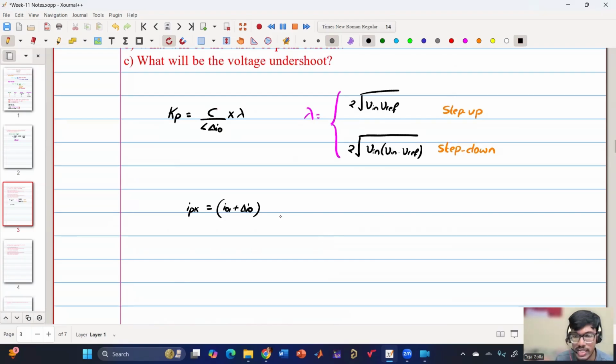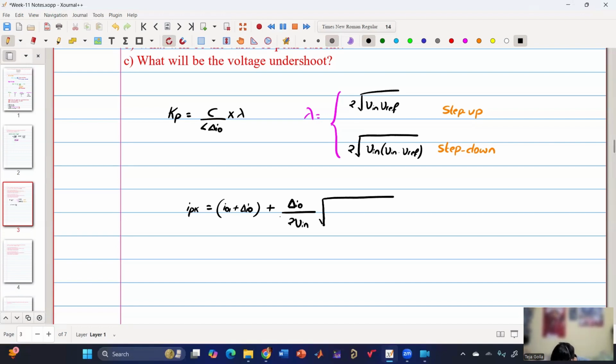So this is the new steady state current, but there will be a peaking on top of the steady state current. So that term is delta I naught by 2V in, square root of 4V in V minus delta I naught square Z square.